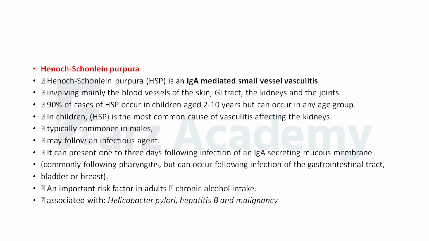It is the most common cause of vasculitis affecting the kidneys, typically commoner in males, and may follow an infectious agent. It can present 1 to 3 days following infection of an IgA secreting mucous membrane, commonly following pharyngitis, but can occur following infection of the gastrointestinal tract, bladder, or breast. An important risk factor in adults is chronic alcohol intake. If HSP occurs, it is associated with H. pylori, hepatitis B, and malignancy.